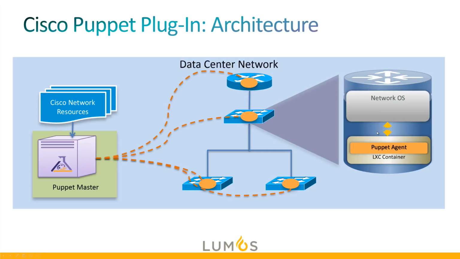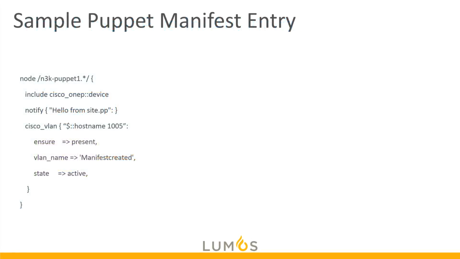So here's an example of a Puppet manifest for a Nexus 3K. Keep in mind the Nexus 3K and the Nexus 9K both run the exact same code. Nexus 3K, Nexus 9500, 9300s, every single Nexus 3 and 9000 series switch has one software image for NXOS standalone.